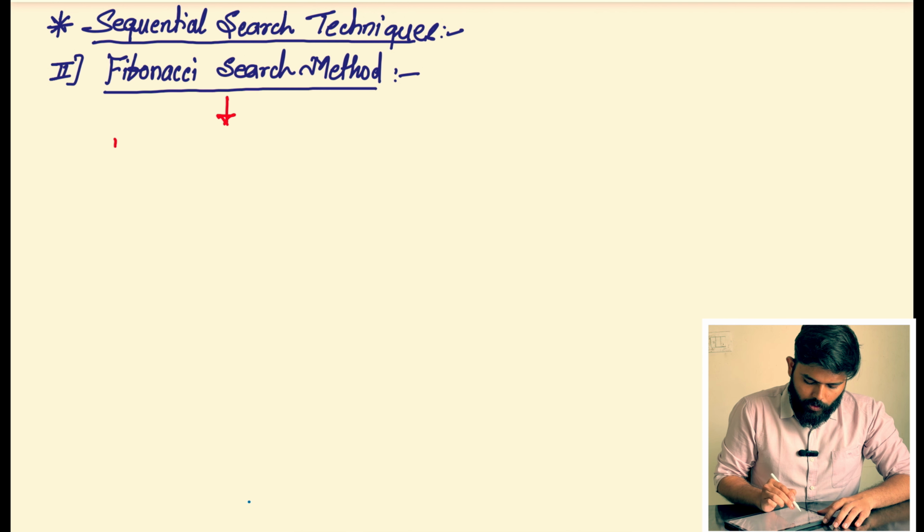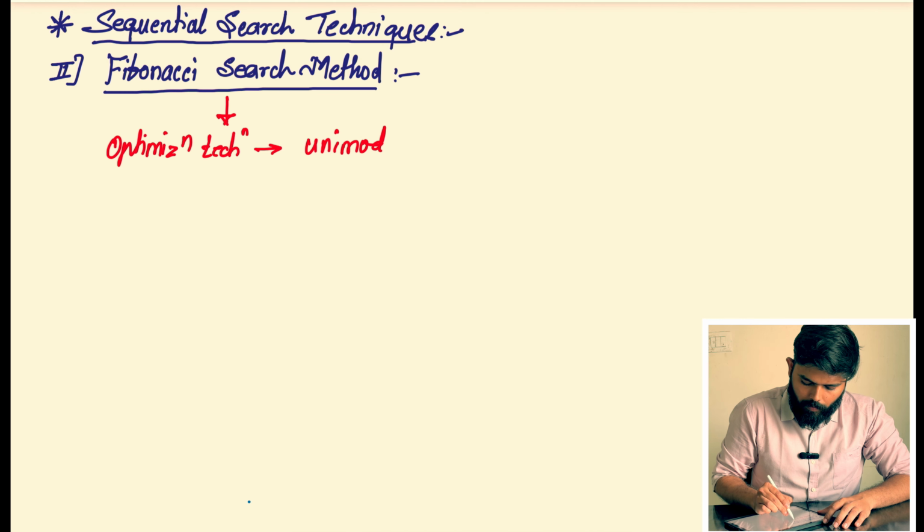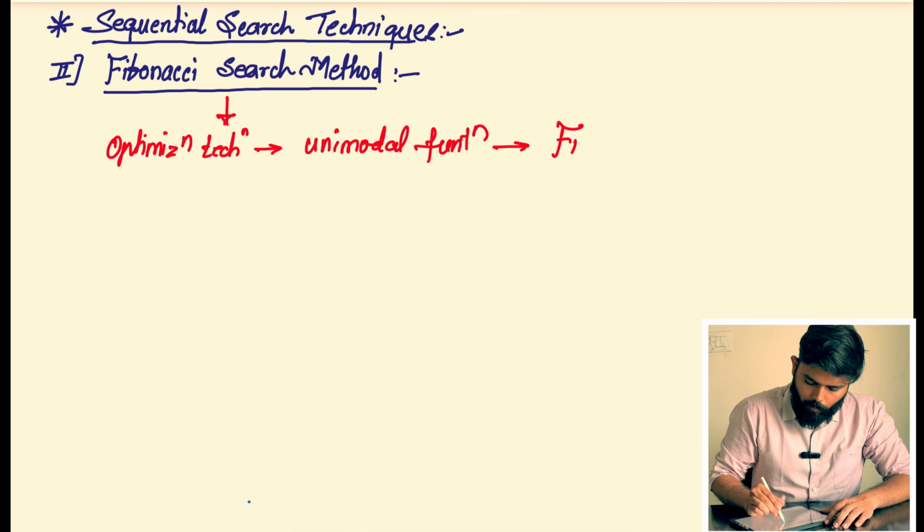Fibonacci search method is an optimization technique which is used to optimize a unimodal function with the help of Fibonacci numbers.